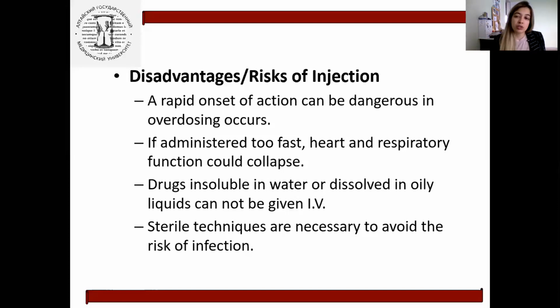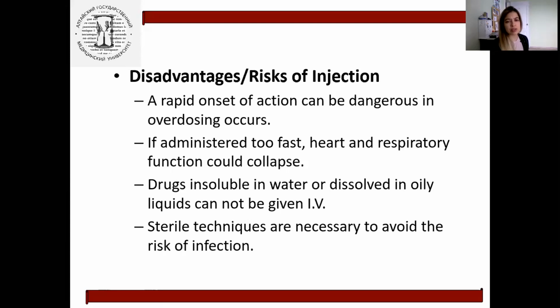If the drug is administered too fast, heart and respiratory function could collapse. Really, some drugs with strong effects can collapse the heart. This is a dangerous complication of some potent drugs. So you should always think, do I have to administer this drug in drops, like how we call it, an IV system, when you have drops which slowly inject the drug in the blood.